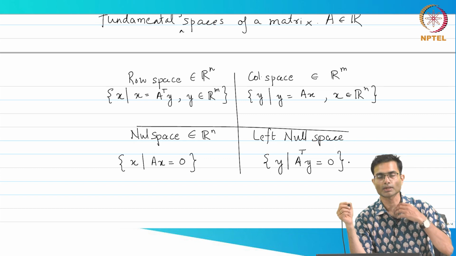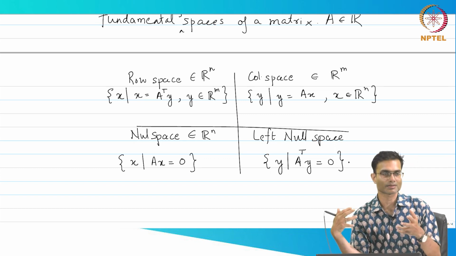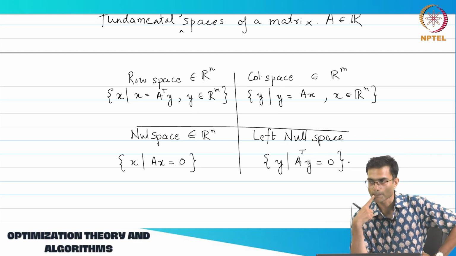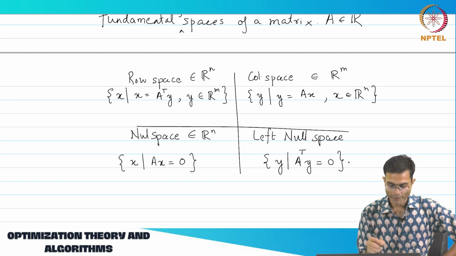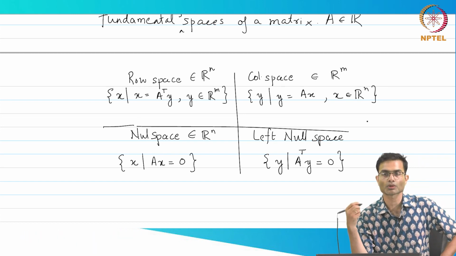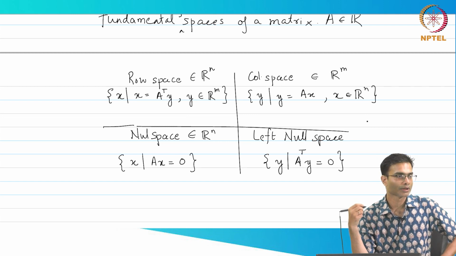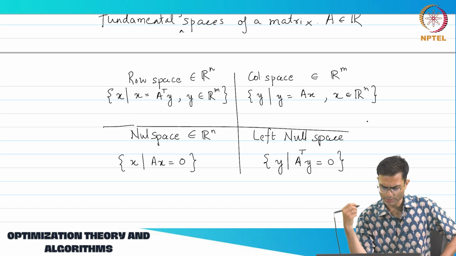There are two very surprising but very elegant properties of these subspaces. Can anyone mention at least one of them? So a student has said that they are orthogonal. Which two are orthogonal? Column space and null space.